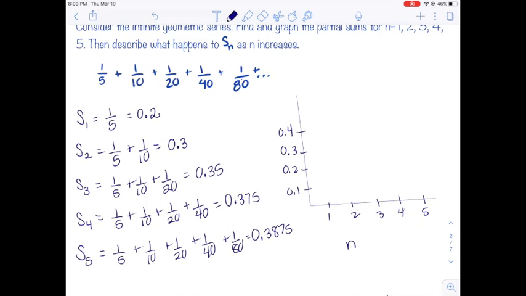You'll see that at 1 you get 0.2, at 2 you're at 0.3, at 3 you're slightly higher, at 4 you're even slightly higher, but it's approaching this 0.4 the more times your n increases. So this is the sum up till the nth term.